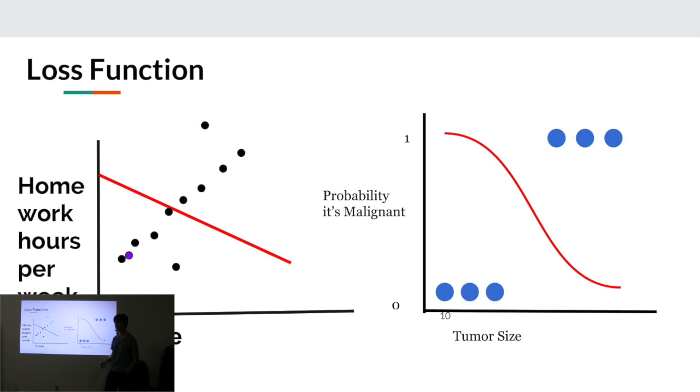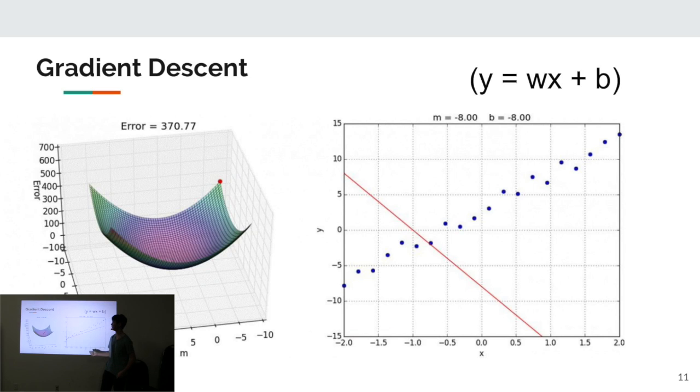And in fact, we can quantify that. I'm not going to go into the mathematics behind it because that might get a bit hairy. But the idea is that this is a really bad prediction. And then we can make small increments to the slope and the bias, or the y-intercept, to make it a better prediction. I think there's a good animation on the next slide that shows it.